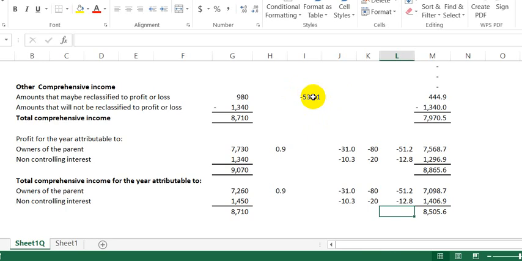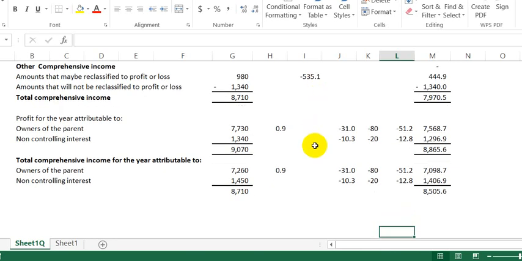So we need to separate the goodwill from this amount. Then what remains from this amount, we split it according to the percentage holding.